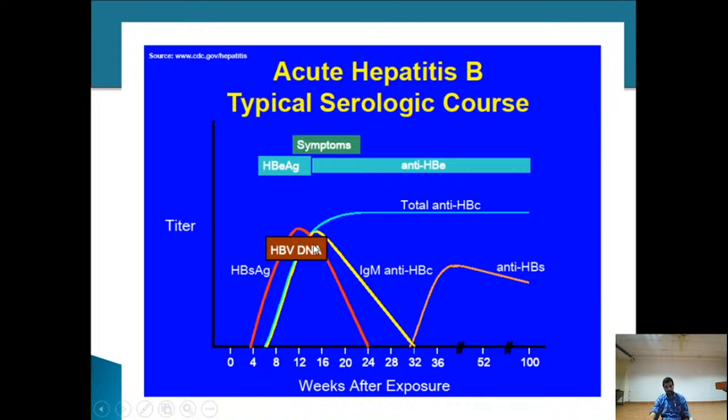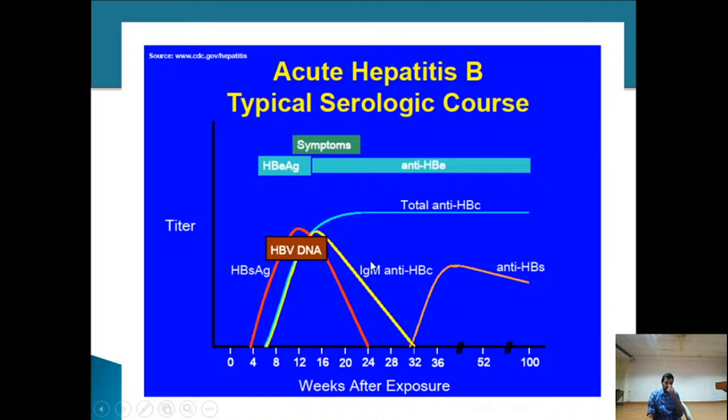At this point still the antigen is more than antibody and you will not be able to detect any antibody. So slowly the antigen titer comes down because of your immunity actively working, and after that your antigen totally comes down, and a few weeks later you will start detecting the anti-HBs inside the blood. Okay, at this point you are cured of hepatitis B. When you detect anti-HBs, you are cured of hepatitis B.